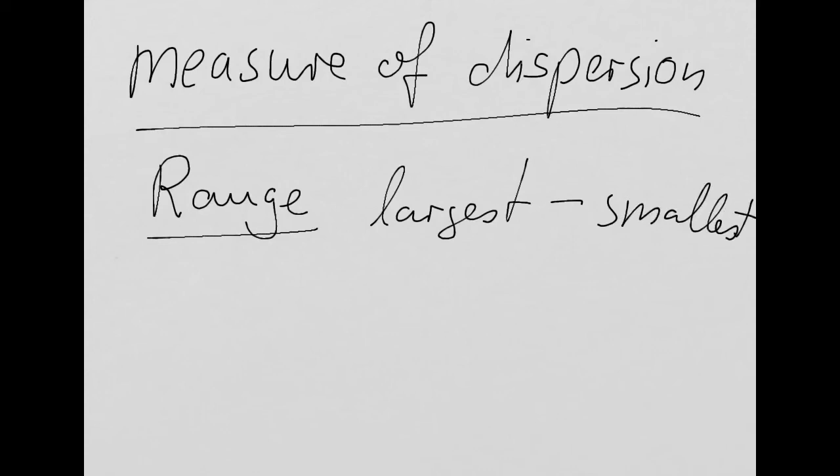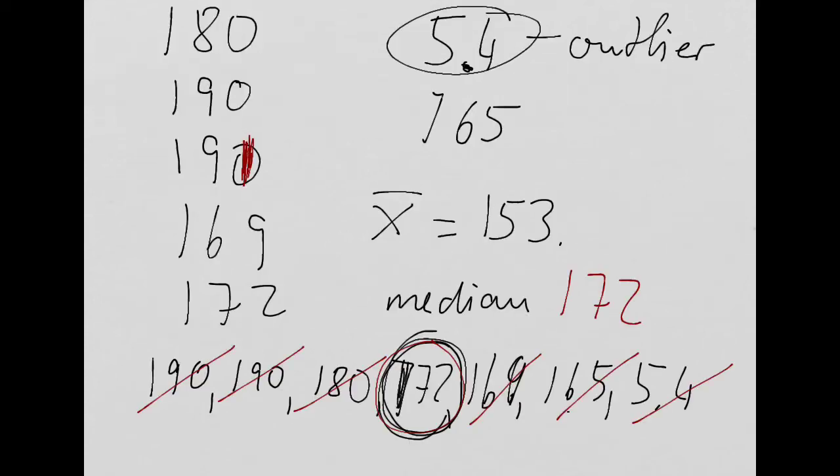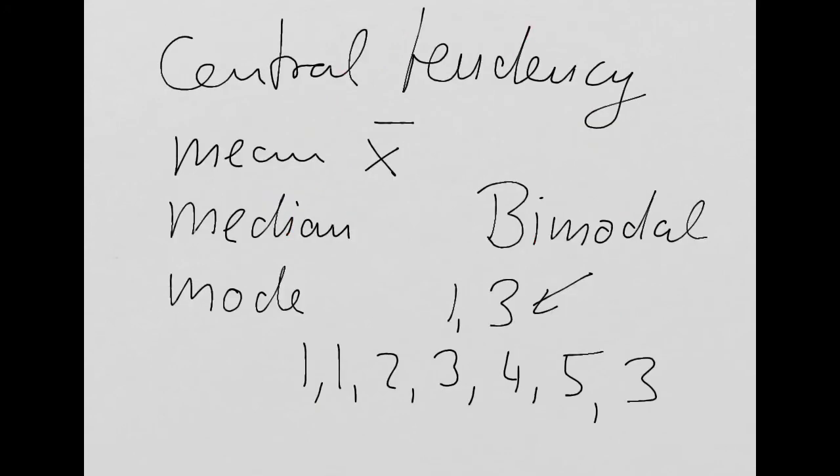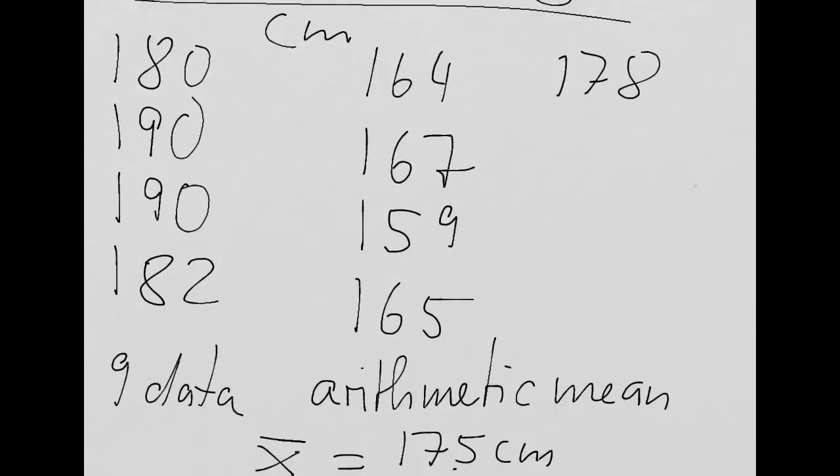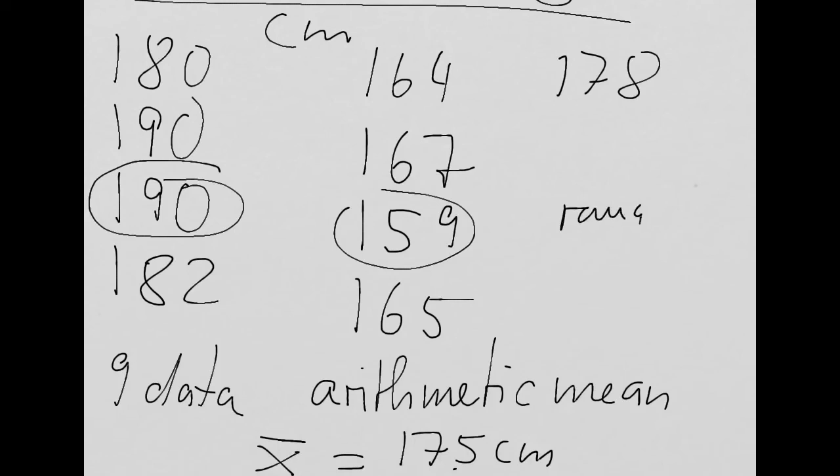Going back to the previous example where we measured people, our largest was 190, and the smallest is 159. So the range would be 31.